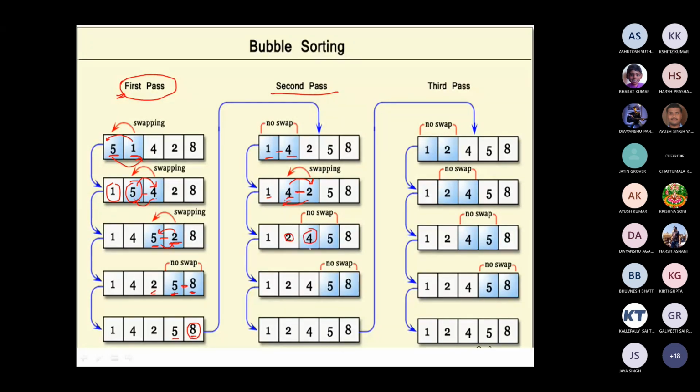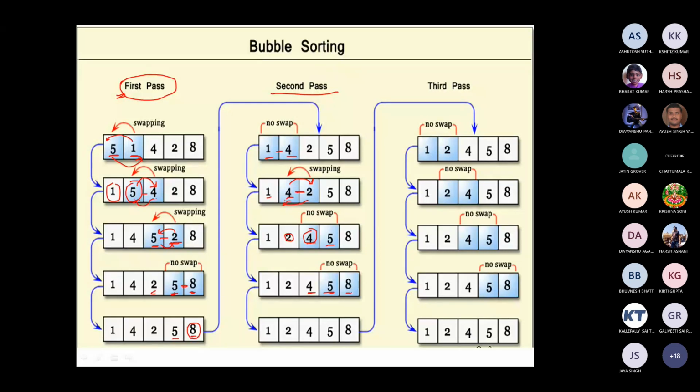Now compare the third value with the fourth value. 4 is less than 5, so there will be no change. And here we have no need to compare 5 and 8, because we know 8 is the largest value and is already in its position.